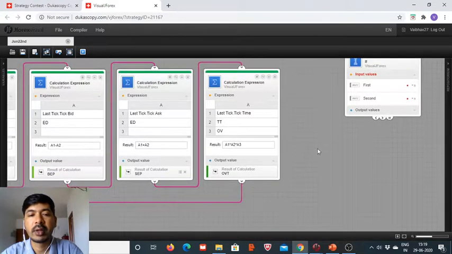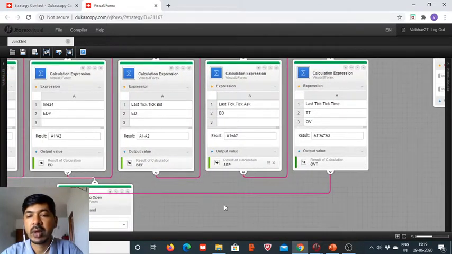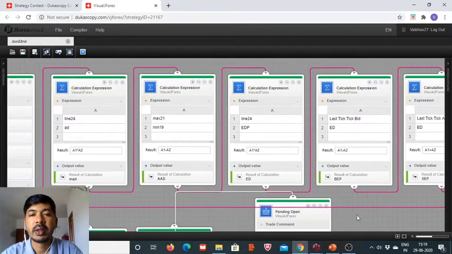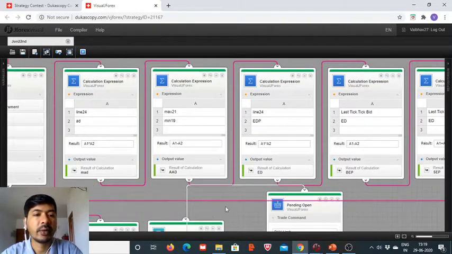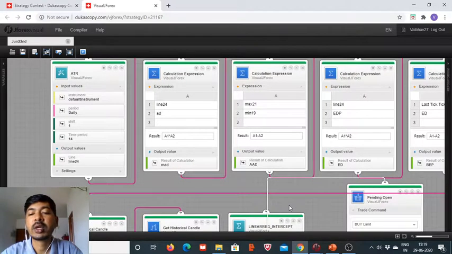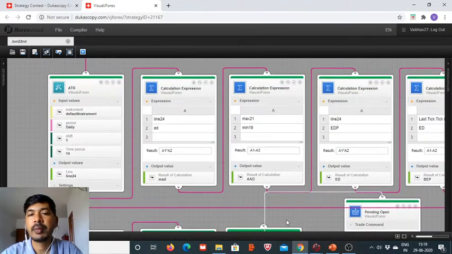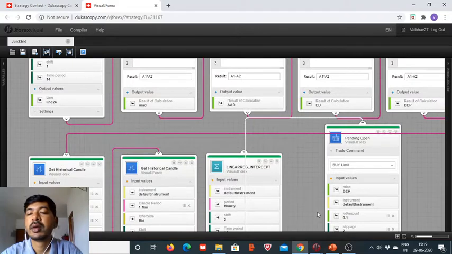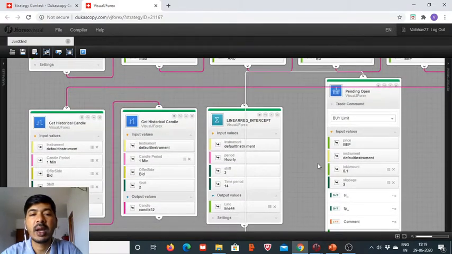Then we have done these calculations to define the order validity, the sell point, the buy point, and the minimum difference between minima and maxima which needs to be counted and compared, and it should be at least more than 40% to make sure there is good enough price momentum, enough volatility to make trading worthwhile.